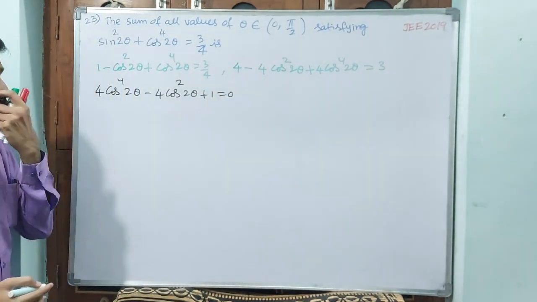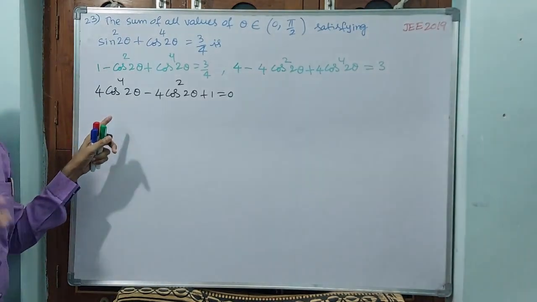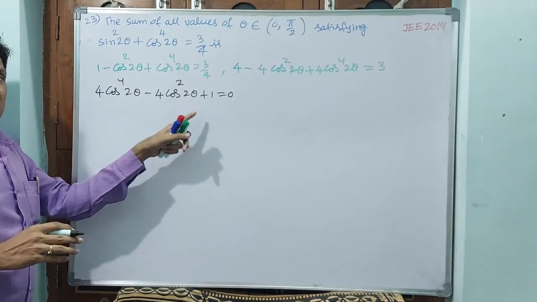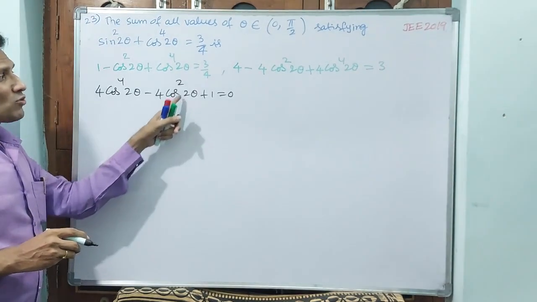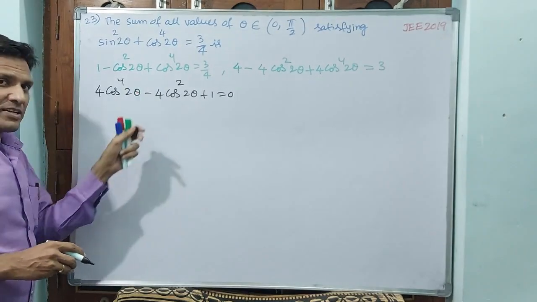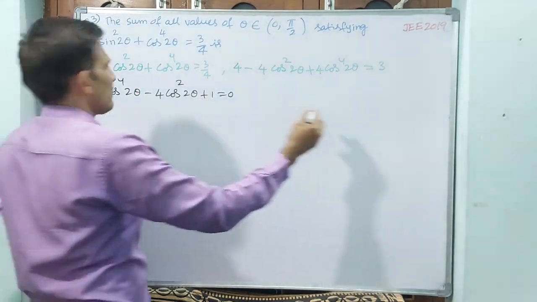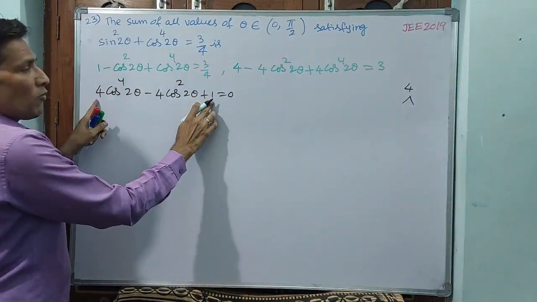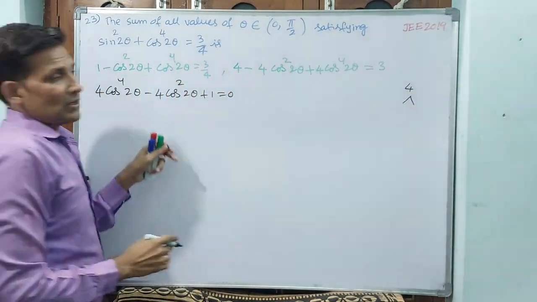Okay. Now see here, observe carefully. ax square plus bx plus c. This is x-like. Cos square 2 theta is x-like. That means you have to factorize this. Factorize means 4 into 1 is 4, but minus 4 has to come.